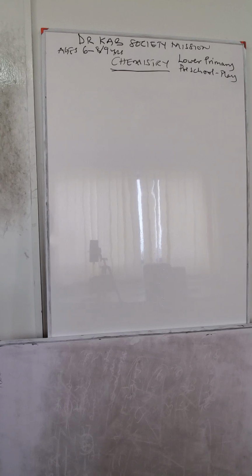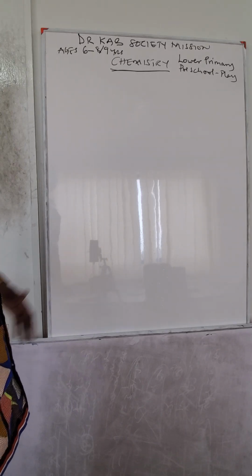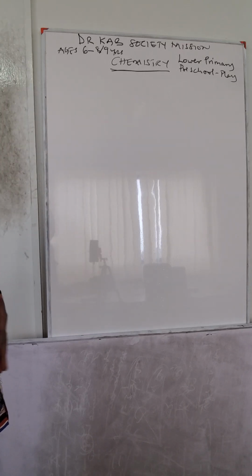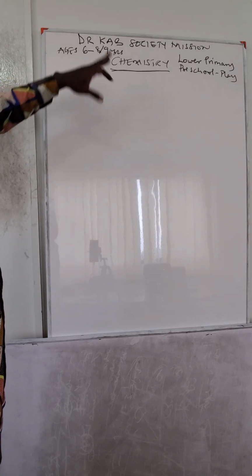Like we said, we look at the same topics that we have in chemistry for those in SHS, the A level, and those in the university, maybe up to the first year of university chemistry. We look at all the topics in chemistry, and then bring them down to the level of ages 6 to 8 or 9.